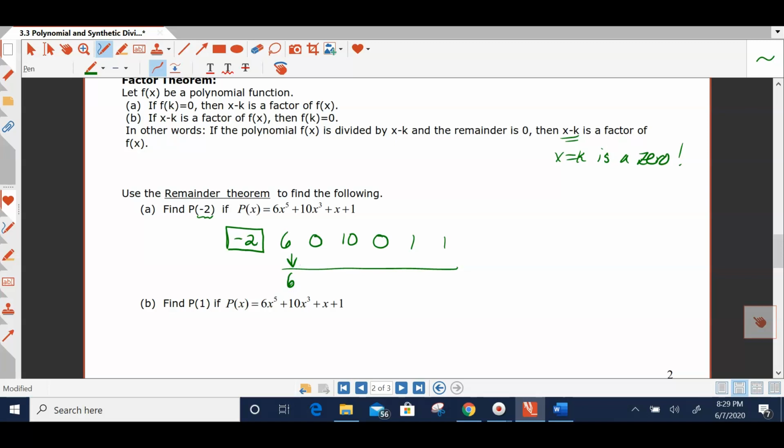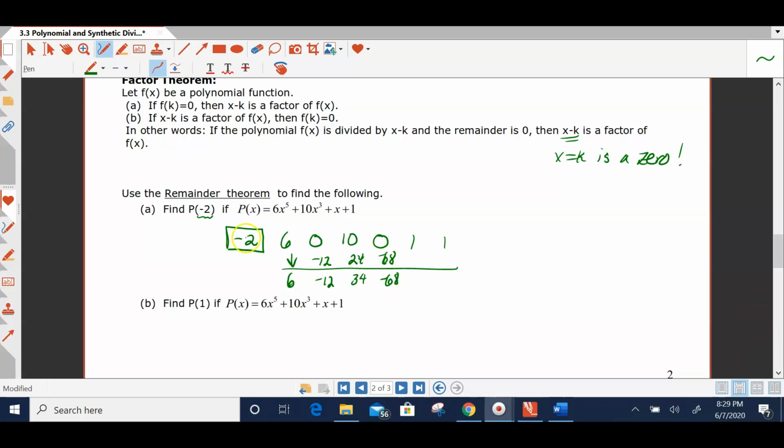So the procedure is I'm going to drop my 6 below the line. Negative 2 times 6 would be a negative 12. Then I add that to 0. Negative 2 times negative 12 would be a 24, and I add that to 10. Negative 2 times 34 would be a negative 68, and when I add that to 0, I get a negative 68.